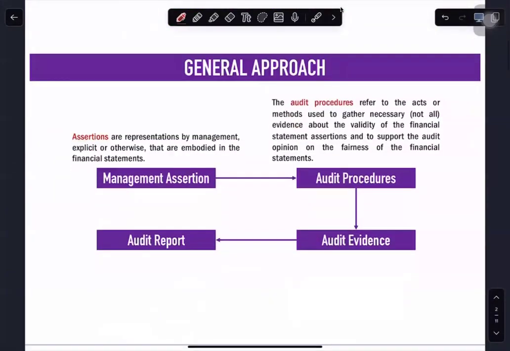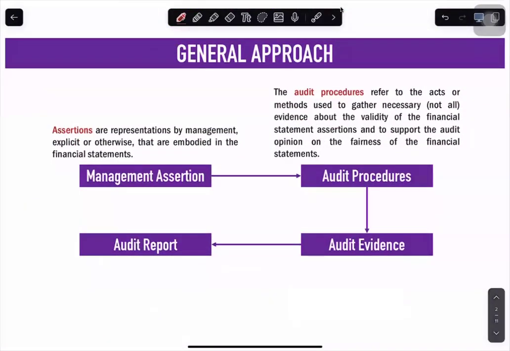So let's look first as to the approach on our audit. First, there is a management assertion, and you already know what is an assertion. These are representations by management, explicit or otherwise, that are embodied in the FS. So the assertion generally is the FS, that it is properly evaluated and measured. And then we perform audit procedures.